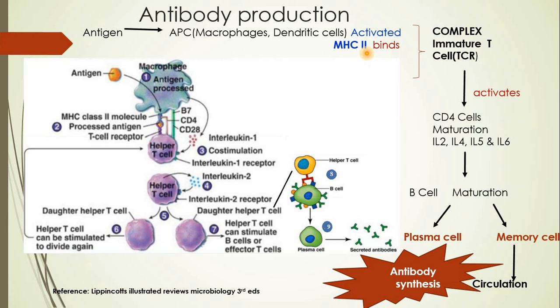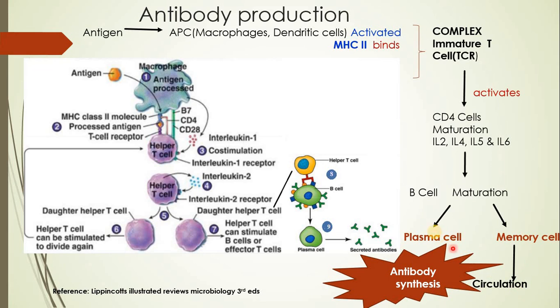Therefore, such an activated antigen presenting cell will cause the maturation of T cells, which leads to formation of mature B cells, and these mature B cells transform themselves by the action of clonal proliferation and blast transformation, leading to synthesis of plasma cells and memory cells.